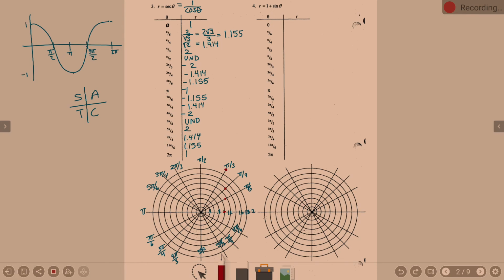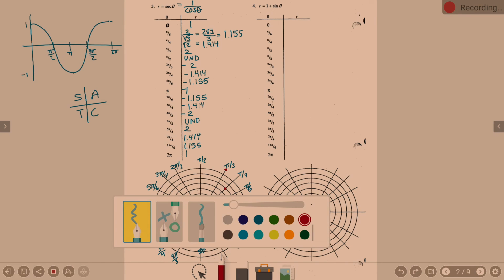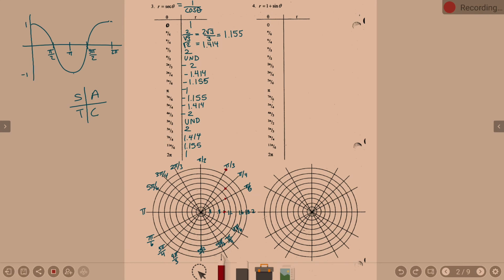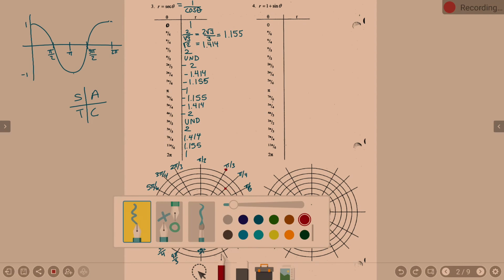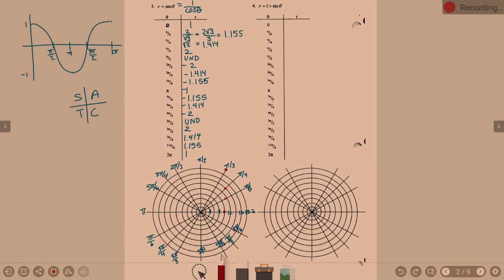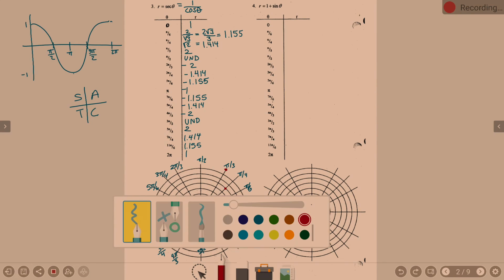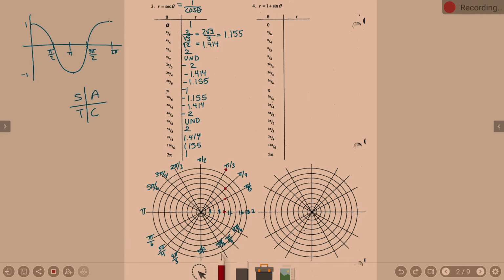Okay, 2 pi over 3 and negative 2 is supposed to be right there, yes? Because 2 pi over 3, negative 2 shoots me back through the center, and I'm going to be down here at negative 2 on 5 pi over 3, yes? Okay.